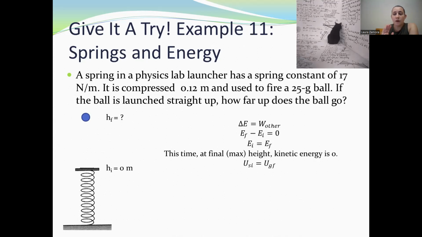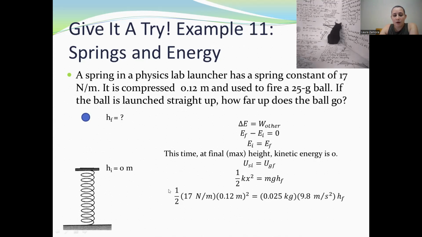Kinetic energy will be non-zero in between these two points, but we're not concerned with that for this problem. We're just concerned with initial and final, not the midpoint. So we really don't need to consider kinetic energy at all for this problem. So that means that 1/2 kx squared equals mg final height.